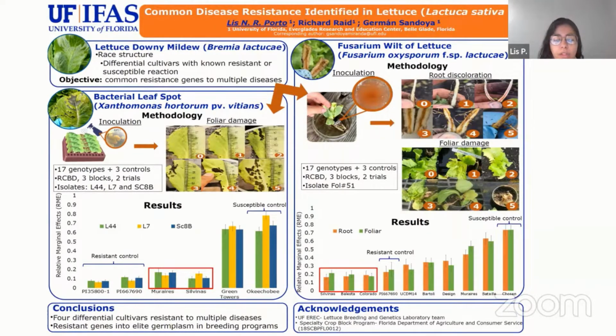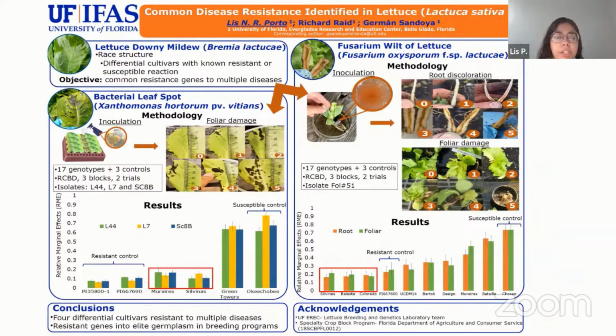Non-parametric analyses were conducted based on the relative marginal effects. 2 cultivars, Muriatis and Sylvinas, had low disease severity similar to the resistant control. The same idea was applied to the Fusarium wilt experiment, where the roots of the differential cultivars were immersed into a suspension with Fusarium isolate, and weekly, these plants were assessed for root discoloration and foliar damage using a rating scale varying 0 to 5.